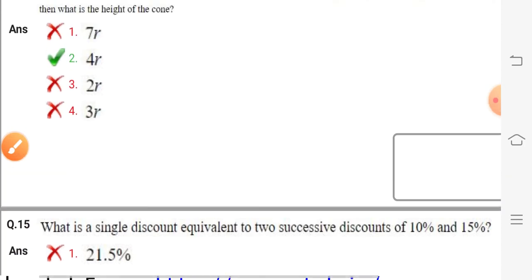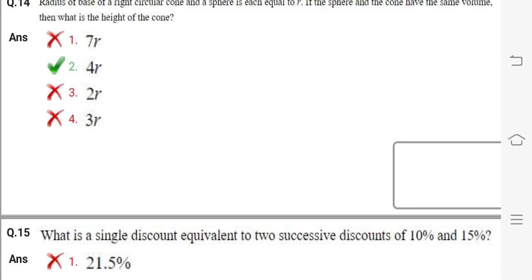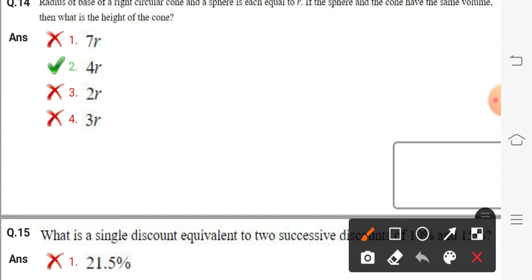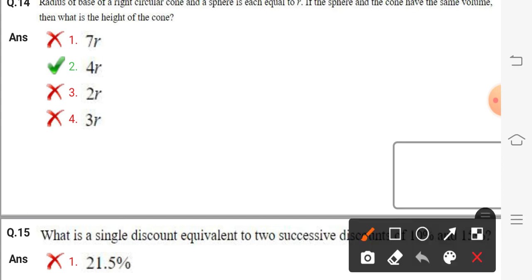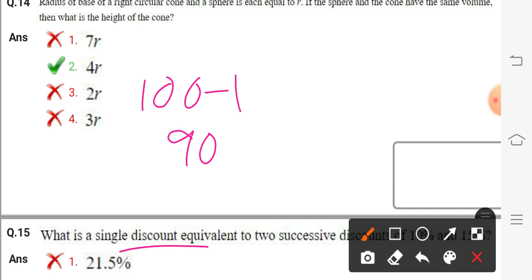Next question. What is a single discount equivalent to two successive discounts of 10% and 15%? Successive discount means one after another. First discount is 10%. So in 100, if we remove 10%, we get 90. In this 90, again 15%.